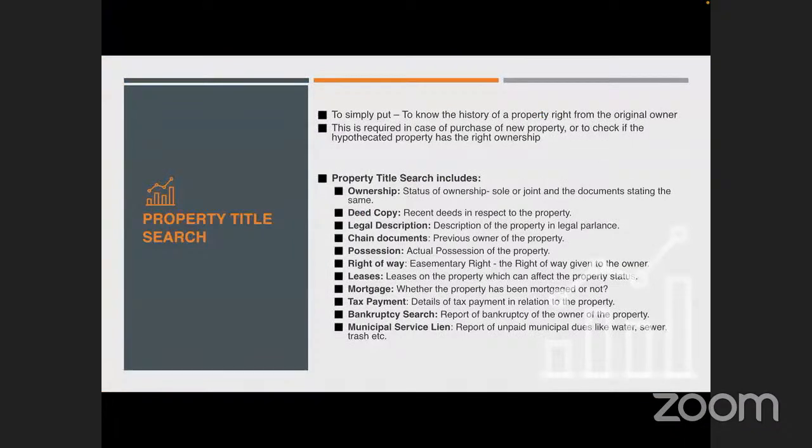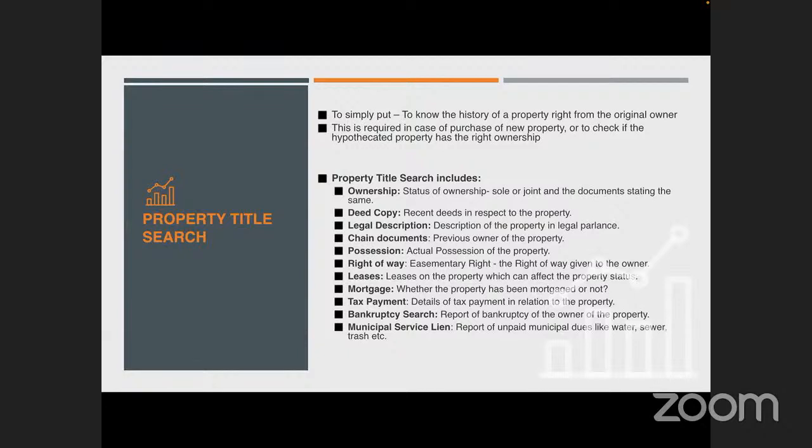As I told you, simply put, it is to know the history of the property, whether the owner who's transferring the property is the right owner or not. It's required in the case of purchase of a new property by a person from a different person, or to check if the hypothecated property has the right ownership or not. Let's assume a company has hypothecated a property; to understand that the company has the right title, meaning right ownership of that property, a property title search is sometimes done.